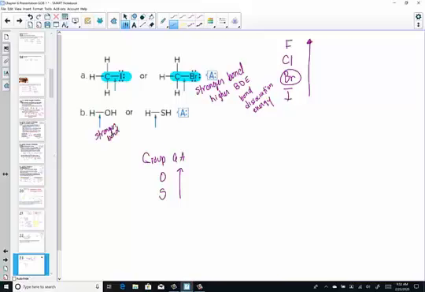Because oxygen is smaller, it's more electronegative. It has a tighter hold on those electrons. So it would have a higher bond dissociation energy. Being that it's a smaller, more electronegative bond, it's a stronger bond.